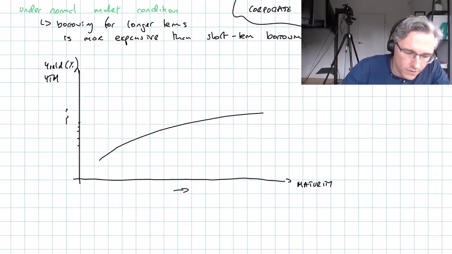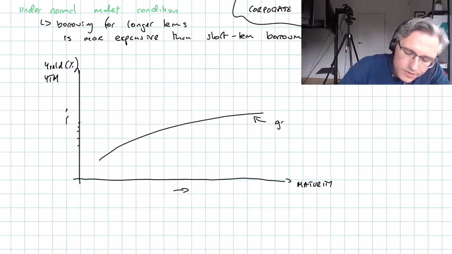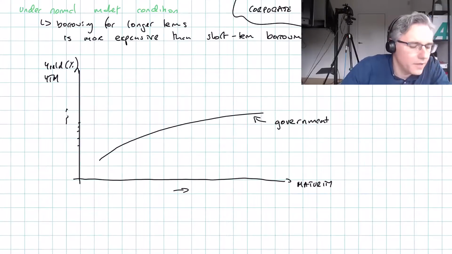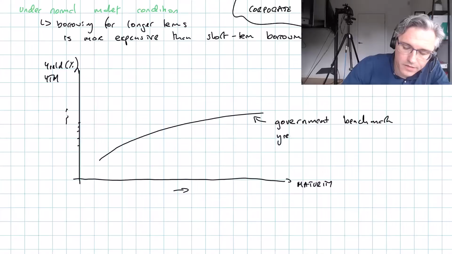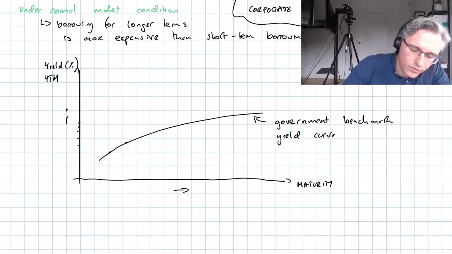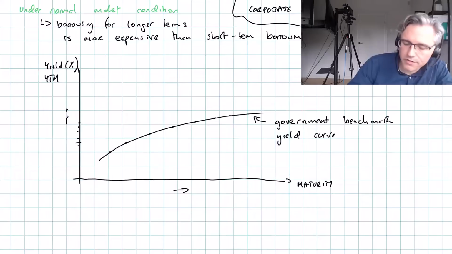Now, very importantly, the one I've drawn so far, I'm going to make this my government benchmark yield curve. So this is a collection of points on the chart, denoting the cost at which the government can borrow for different periods of time.